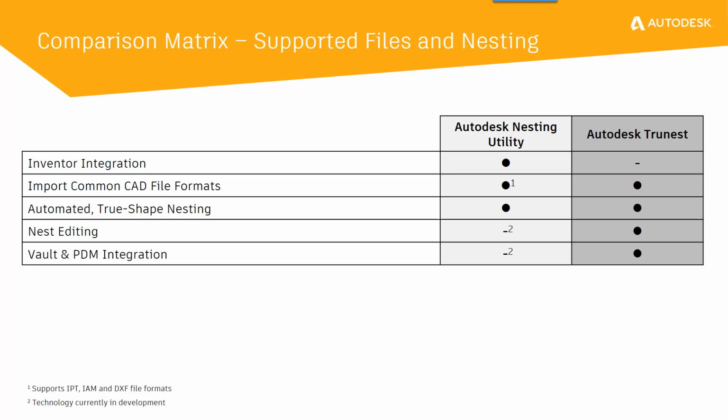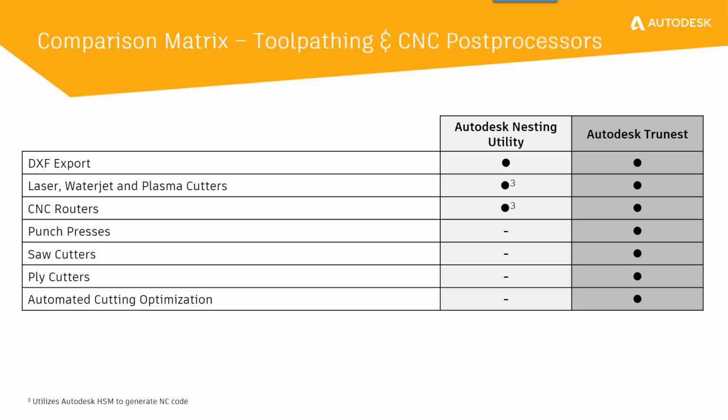Actually, some of the technology that the nesting utility comes with is being borrowed from the TrueNest solution. TrueNest also enables you to do things like nest editing and comes with the ability to integrate with a Vault and a PDM solution. Both of these technologies, I believe, are currently under development inside of the Autodesk nesting utility team.